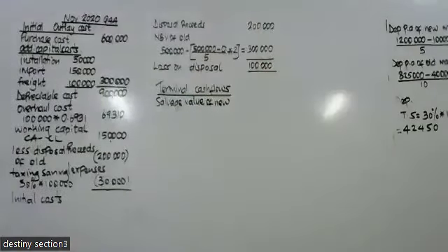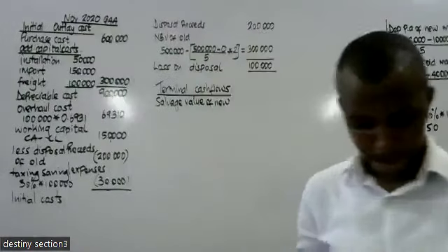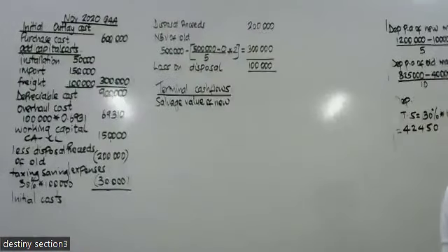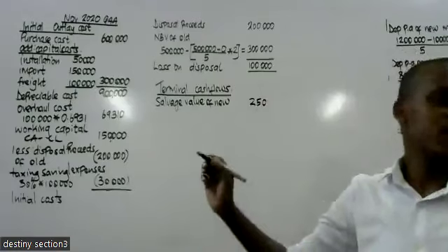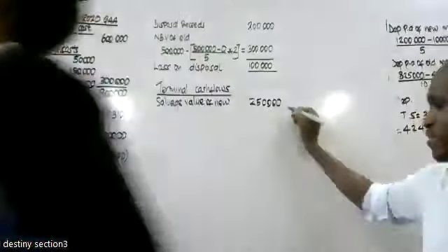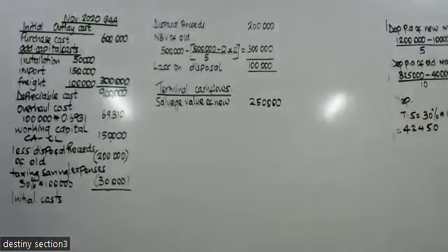Ilikuwa ngapi? At the end of 5 years, the new machine will be sold for 50,000. Umeiona? It's just before the table, uko chini kabisa.